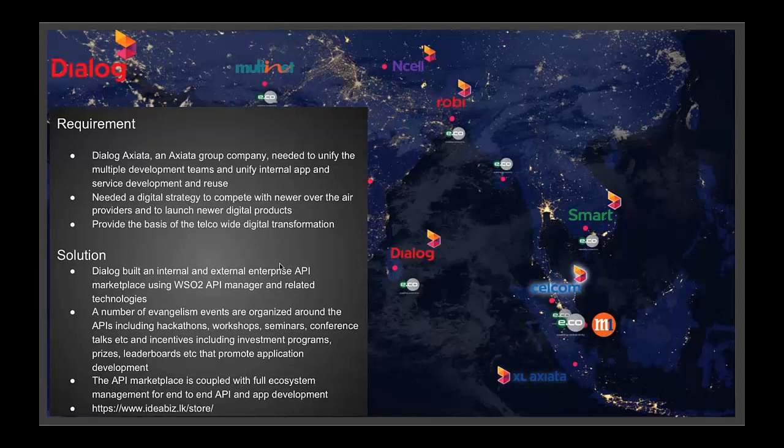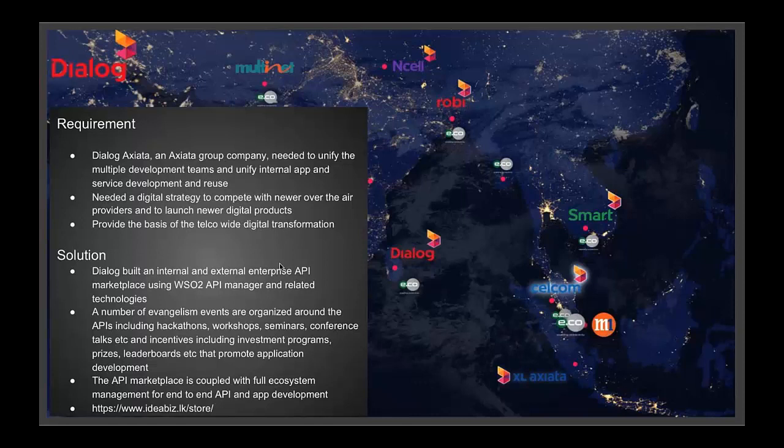Right. So Dialog launched this internally. They had very good success on that, and you can see at the bottom of the page there's a URL to the Dialog API developer portal, which is an external portal. There are a number of conference talks on this successful API marketplace implementation as well.